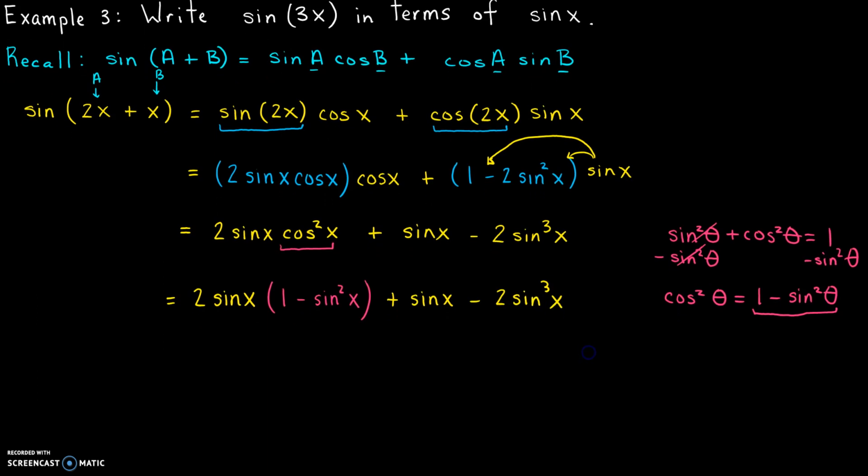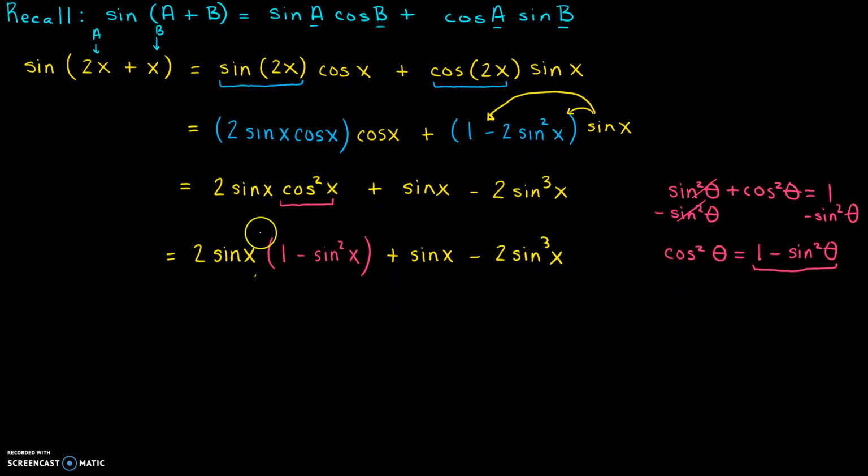Now I'm going to distribute. 2 sine times 1 is just 2 sine x. 2 sine times negative sine squared is negative 2 sine to the 3rd power. I'll bring down this plus sine x and this minus 2 sine cubed x.